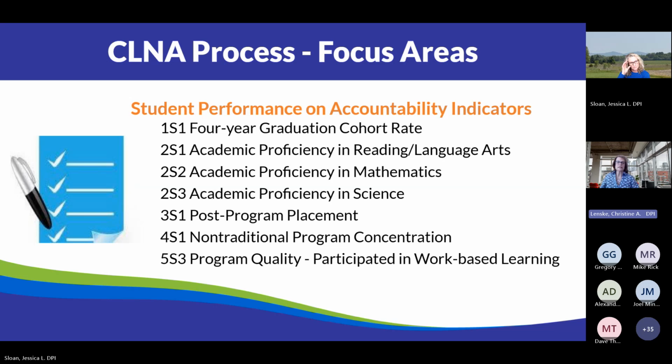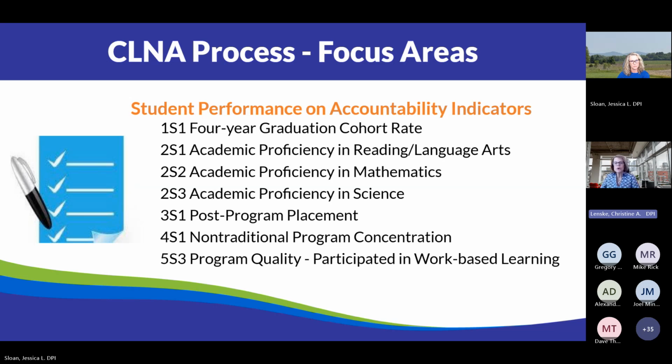It's not related to report card data or state-related CTE data. If you've met the required levels of performance on the indicators, that's great. It means that overall your concentrators are doing well. But the real question is, who isn't and why?